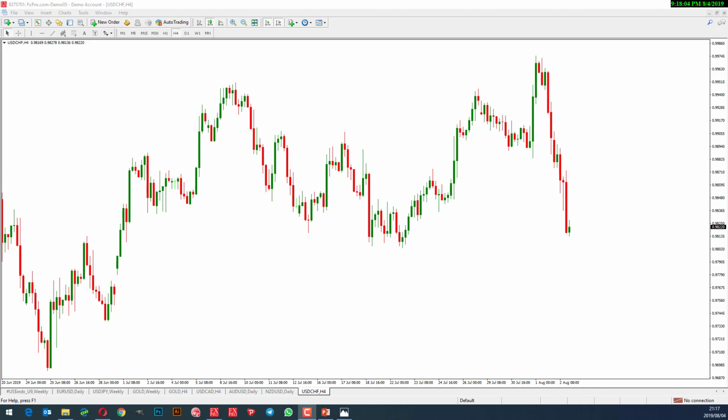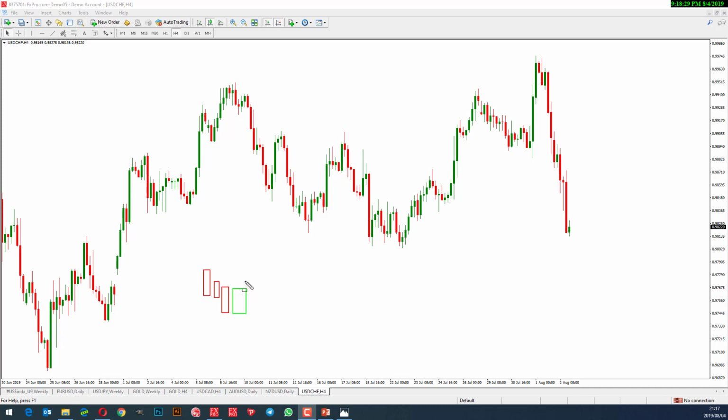So you get a bearish candle there, a bearish candle here, a bearish candle there. Now I'm going to have my green candle.